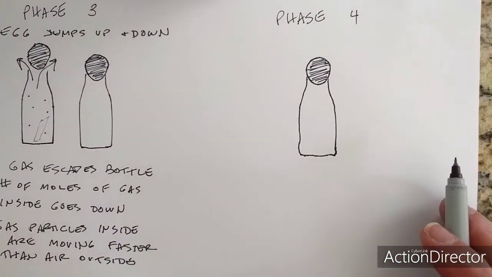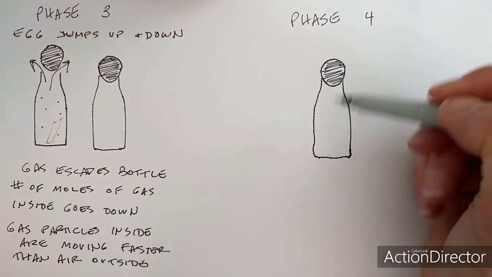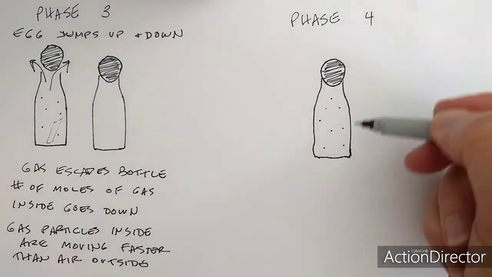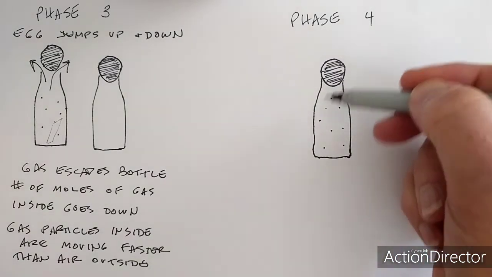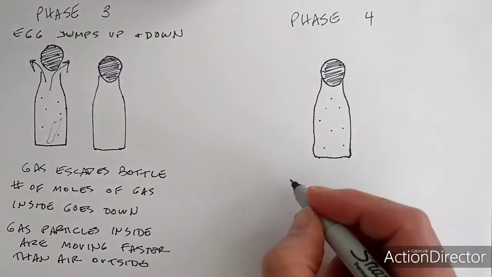Now in our last phase, the egg is seated in the bottle. This gas is trapped, and the temperature goes down. And as the temperature goes down, our molecules move slower and slower and slower.